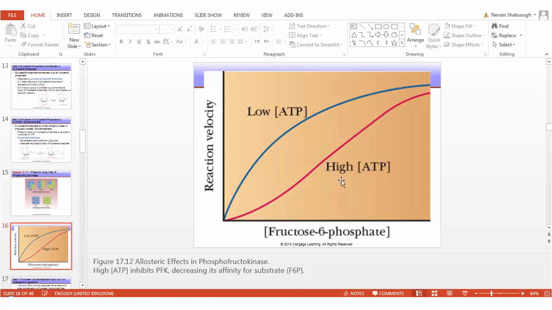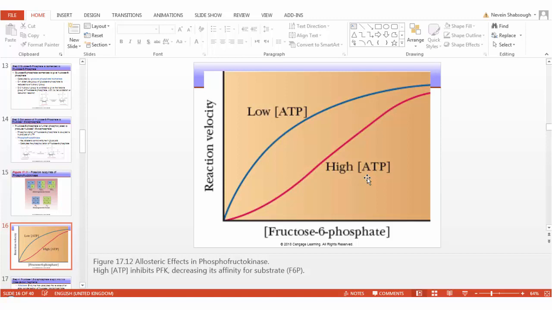Here, when ATP is high, the curve is sigmoidal and it inhibits phosphofructokinase, so the rate is depressed. However, low levels of ATP stimulate the reaction. This is of course reasonable, because when the cell has a high ATP concentration, there is no need to metabolize glucose for energy, so this inhibits the glycolytic pathway itself.